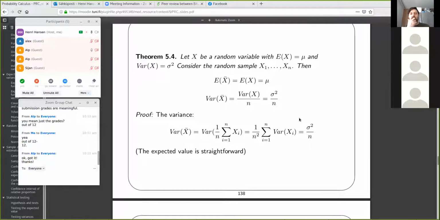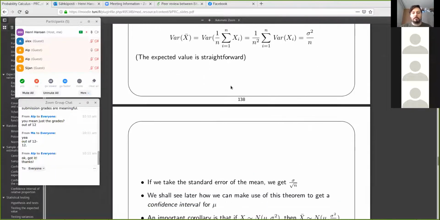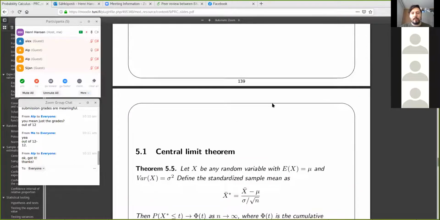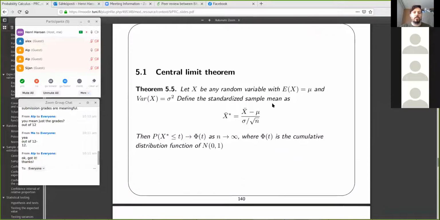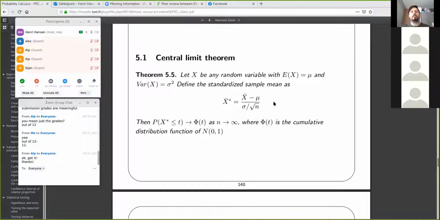And the average of a large sample tends to have a normal distribution roughly. And that was the main part of the central limit theorem. So a normalized or standardized sample mean tends to be close to the 0-1 normal distribution.